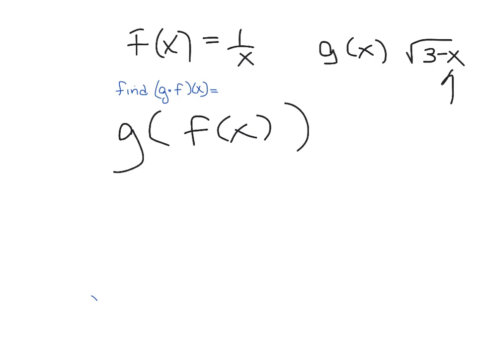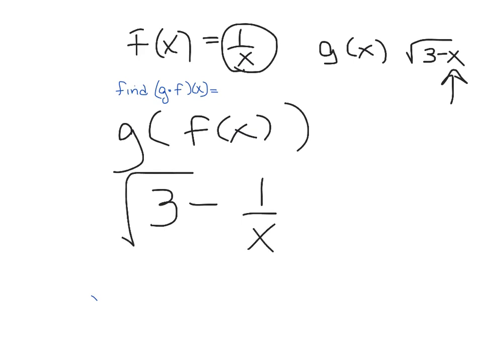So where I see x under the radical here, I'm going to put this. So this will become 3 minus 1 over x, all under the radical. So I've taken this function and I took out the x and I put in that.